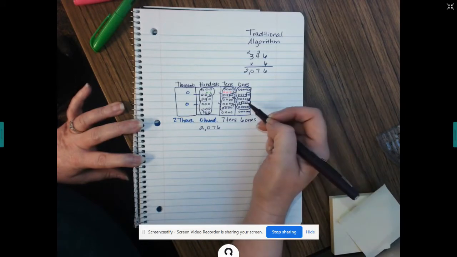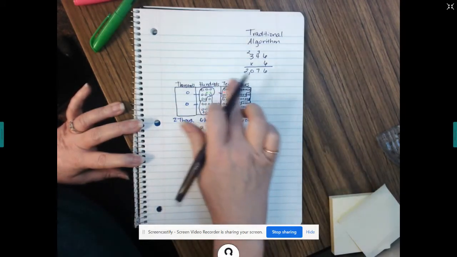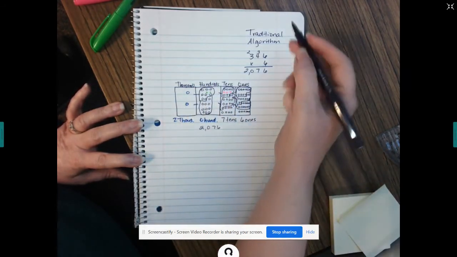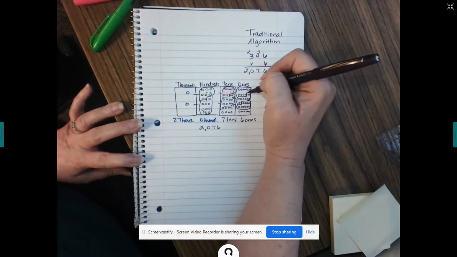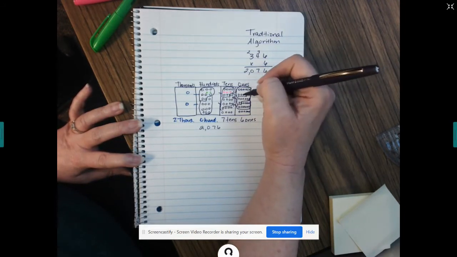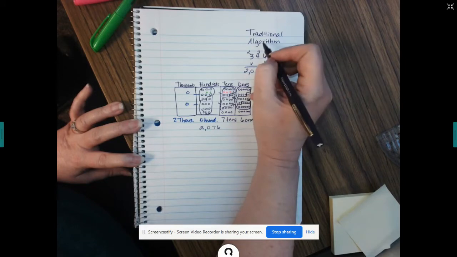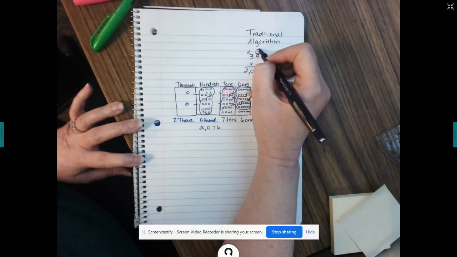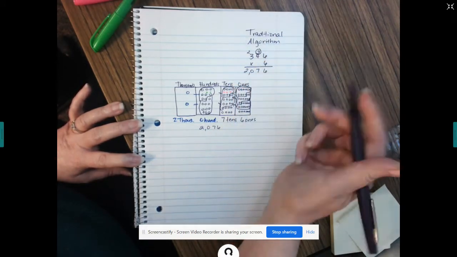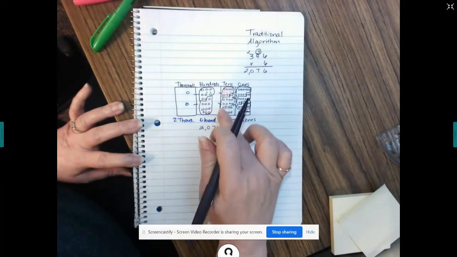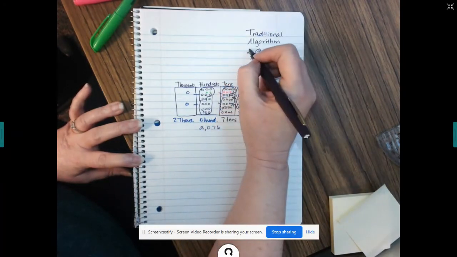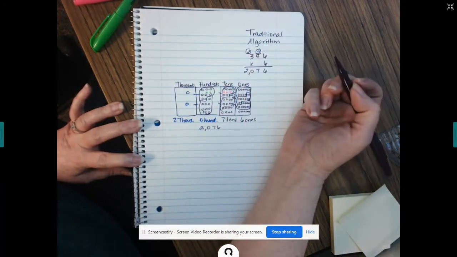The reason that this is a good conceptual understanding is that you can see why we regroup. Here I had to regroup 1, 2, 3 times, and that's where you get this number. Here I had to regroup 1, 2 times, and that's where you get this number.